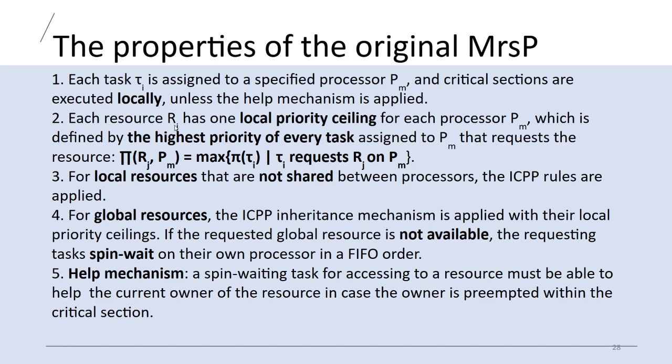Second, each resource R3 has one local priority ceiling for each processor PM, defined by the highest priority of every task assigned to PM that requires the resource. The ceiling of R3 on PM is equal to the maximum priority of tau i, where tau i requests R3 on the processor PM.